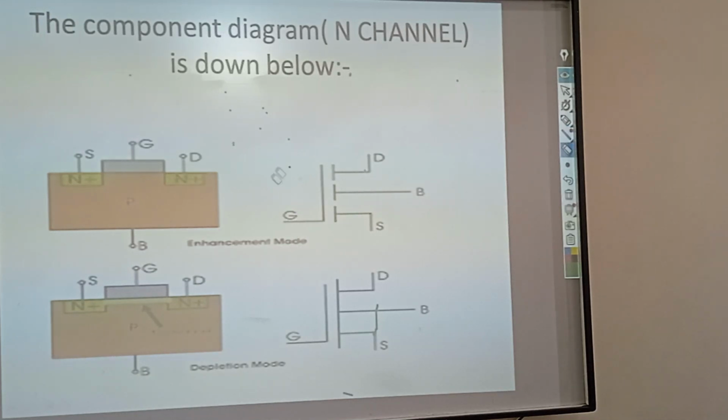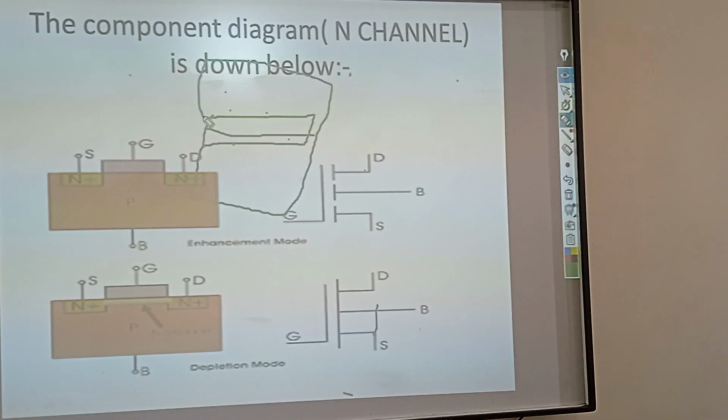So now what happens? Now you are thinking, whenever there is a p-n junction, think this is an n junction and this is a p junction.